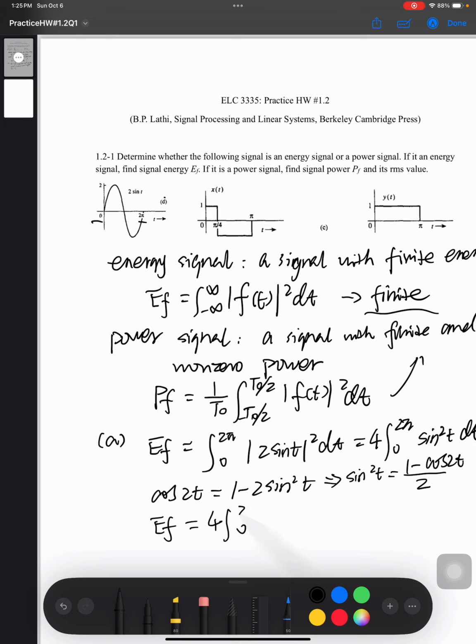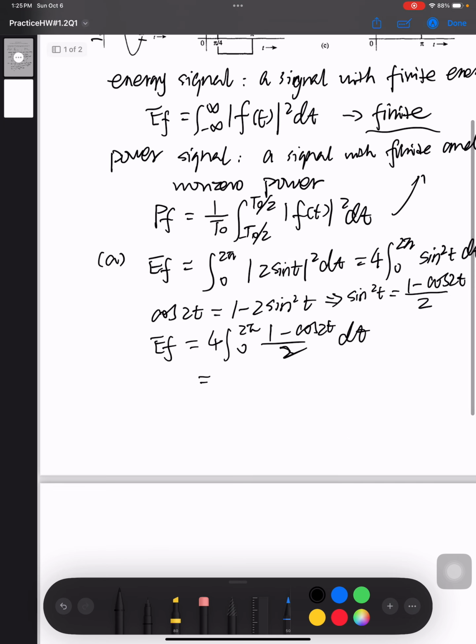So the integral now changes to 1 minus cosine 2t dt, over 0 to 2 pi.